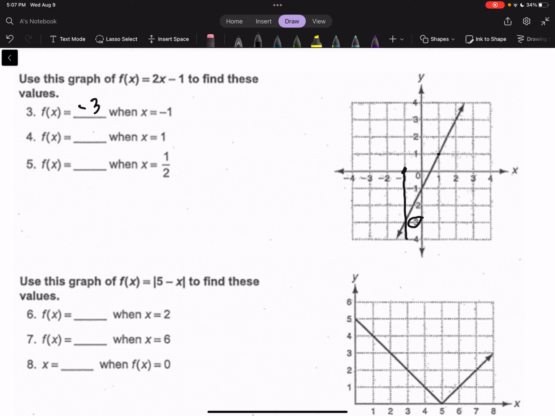At x of 1 is 1. And at 1/2, it's 0. These two lines here, I'm just showing you what the y value is, okay? I'm going to go ahead and take those off just to make sure it doesn't confuse you.